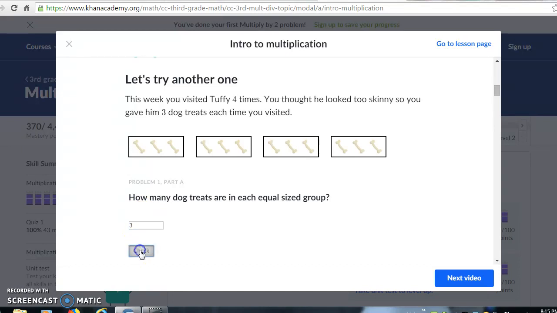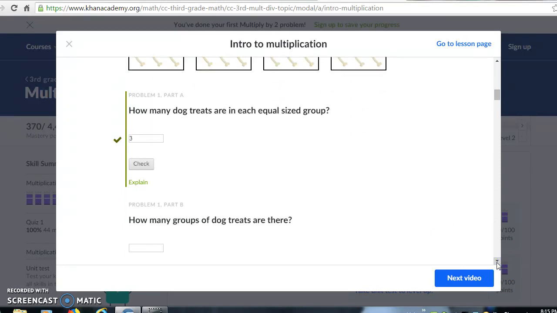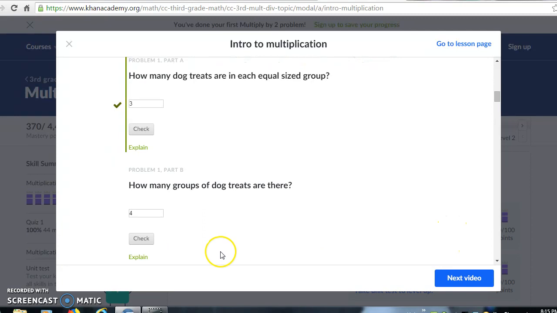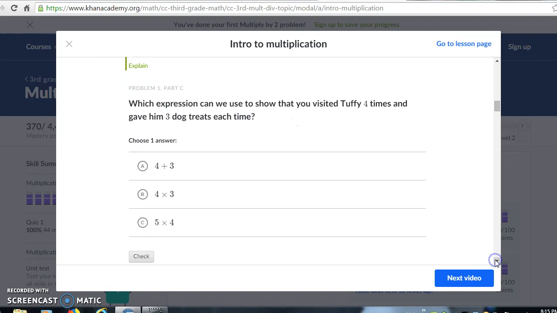So there are 3 treats. We check our answer. Then my next question is asking how many groups of dog treats are there? So we have 4 groups. And then I check my answer. And then our next question is asking us to find the expression. So which expression can we use to show that you visited Tuffy 4 times and gave him 3 dog treats each time?